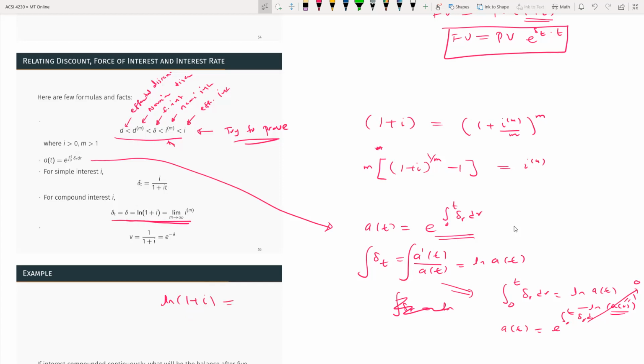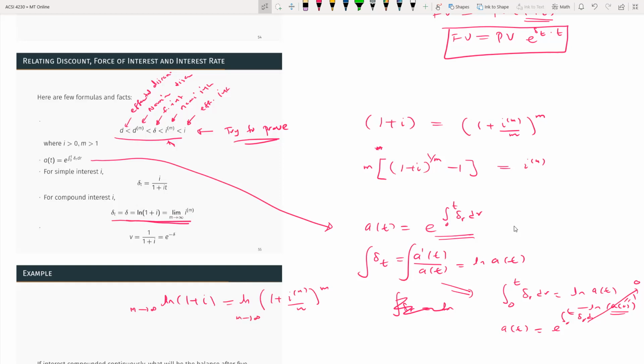If I take the log of that, so that would be log of (1 + i(m)/m) to the m, and then you are sending m to infinity.